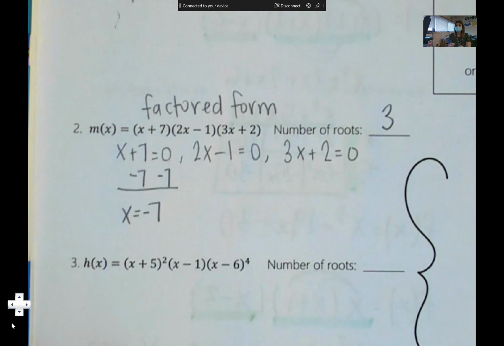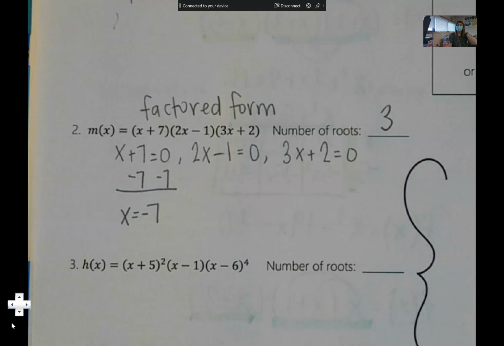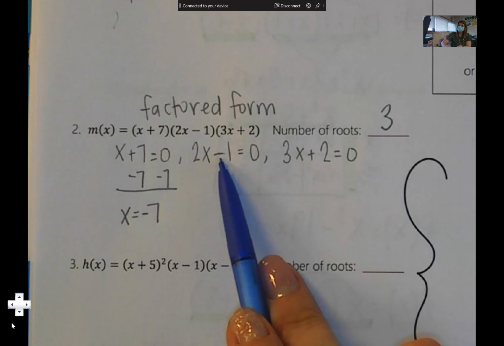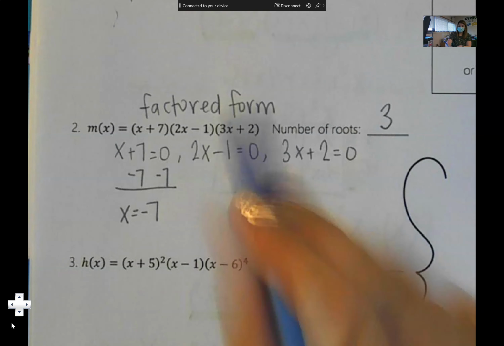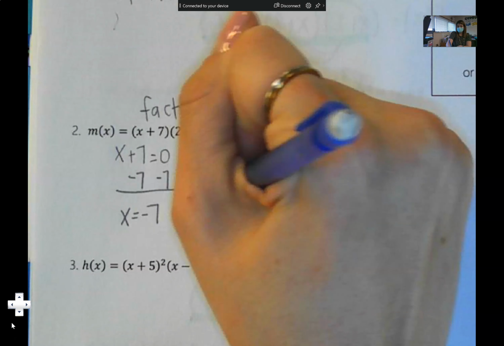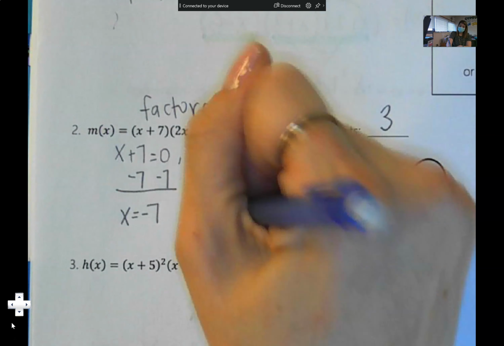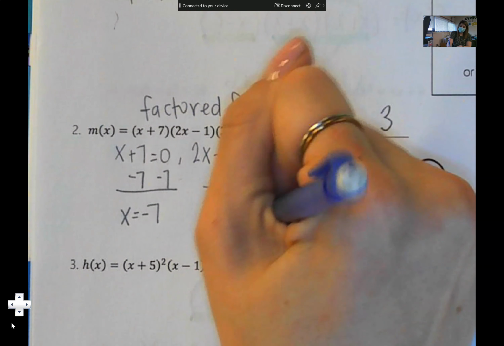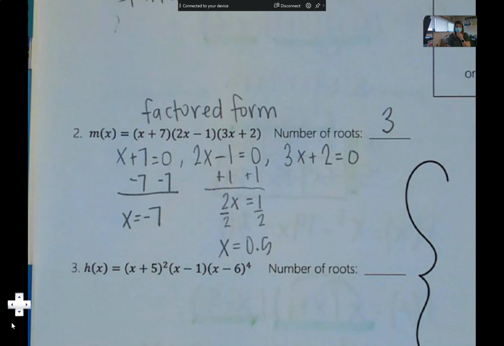So your first root is x is negative 7. This one's a little bit more involved because we have to get rid of the 1 and then the 2. So we add the 1 over first. You get 2x equals 1. And then you divide by 2. So you get x is 0.5 or 1/2, whatever you prefer.